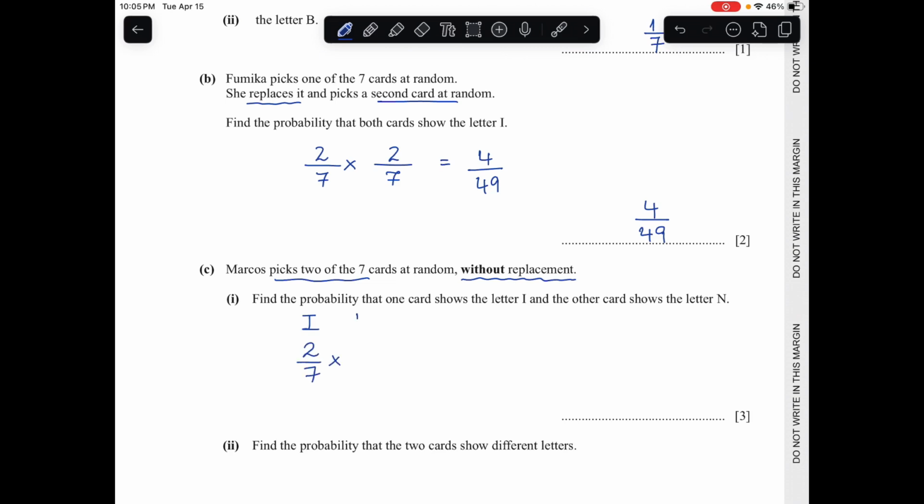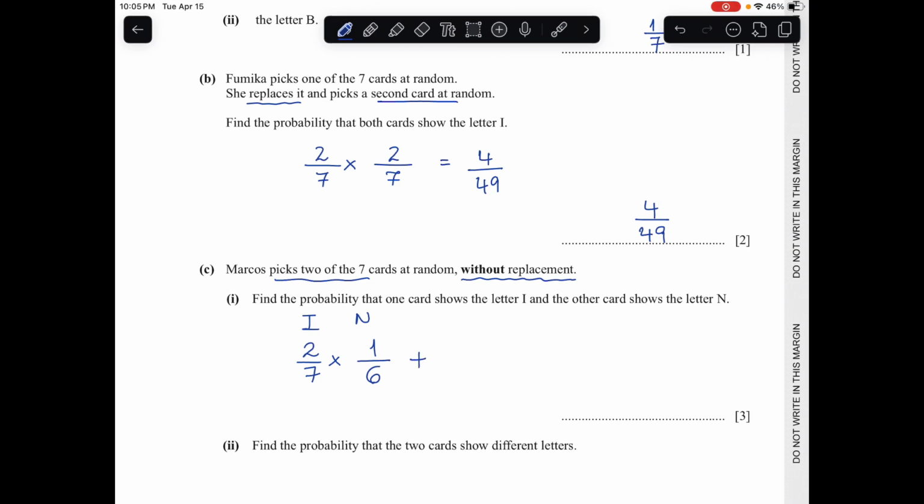Then he picks the letter N. Now he did not replace the card. That means the total is now going to be 6. So there is only 1 card of the letter N. So this is going to be 1 out of 6.